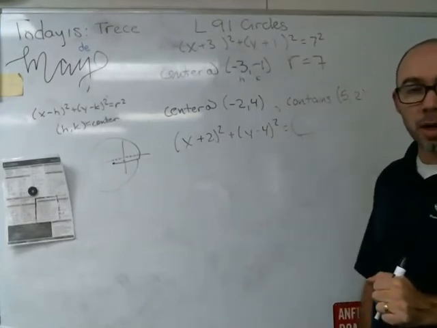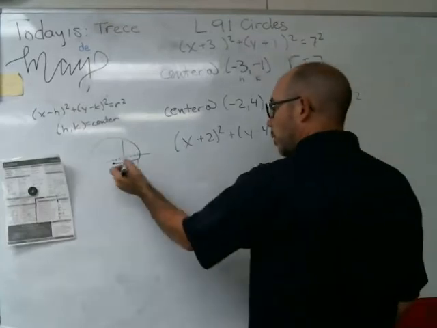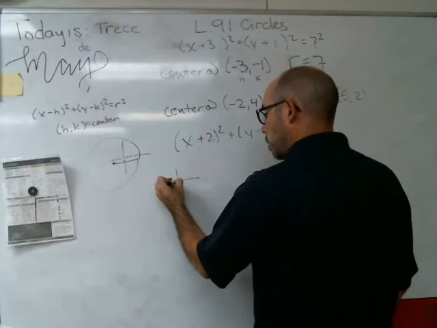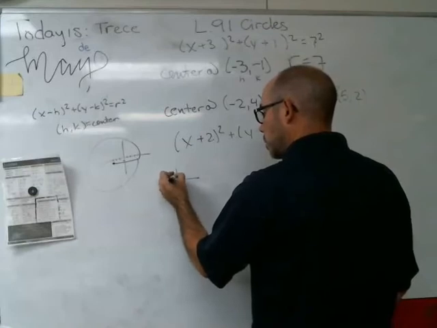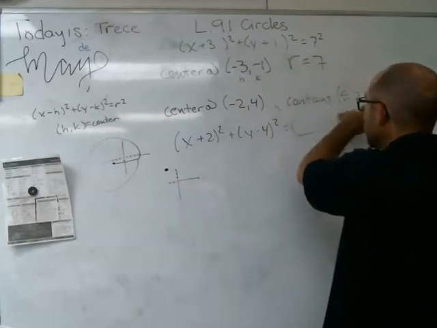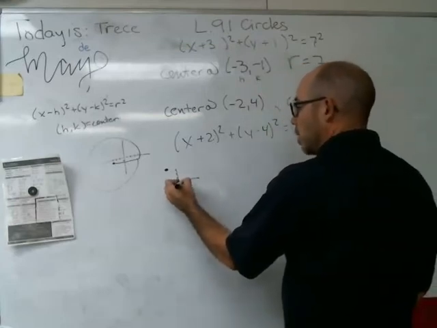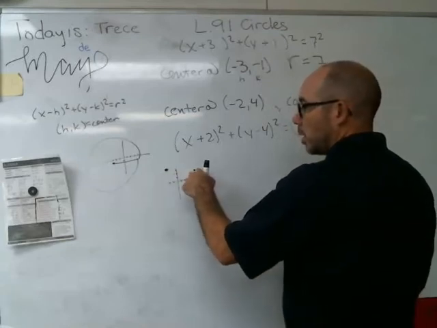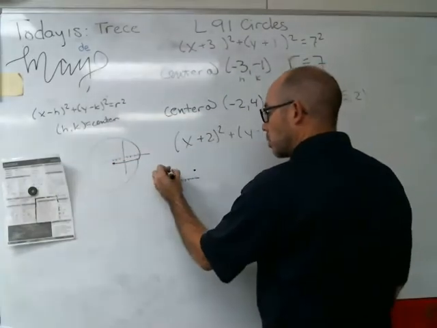Radius squared. But if we were thinking about the picture, where's -2, 4? -1, -2, 1, 2, 3, 4. It's up here somewhere, right? And they got this other point here at 5, 2. 1, 2, 3, 4, 5, 1, 2. That's the center. That's a point on the circle.